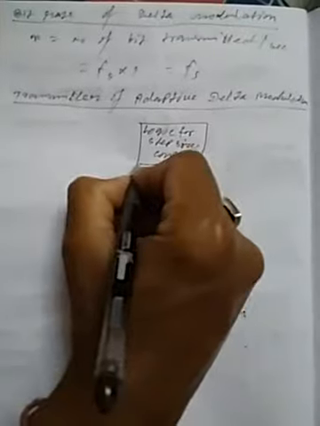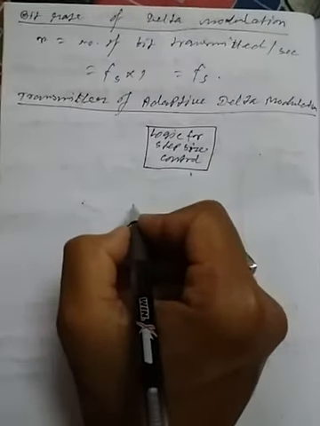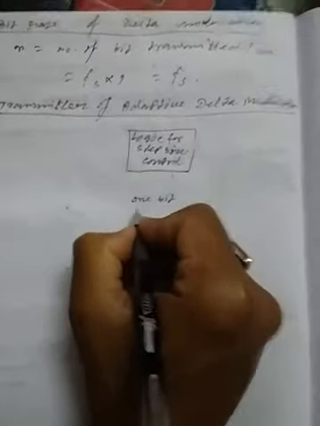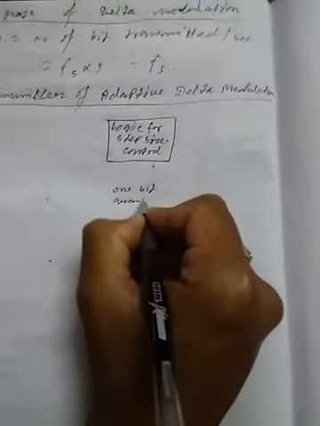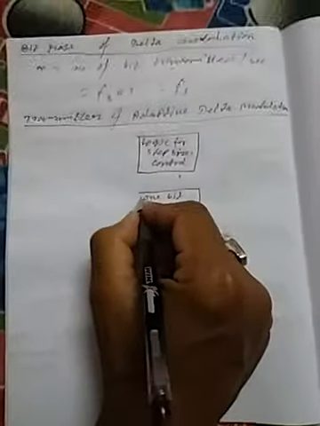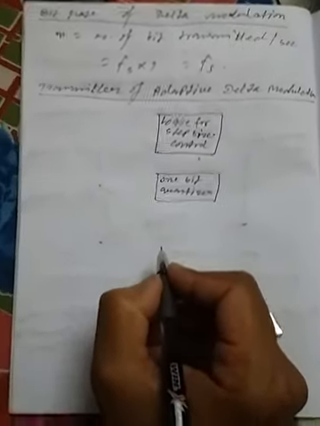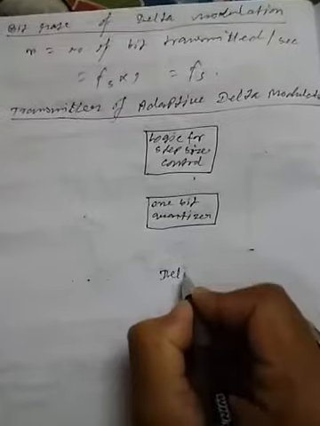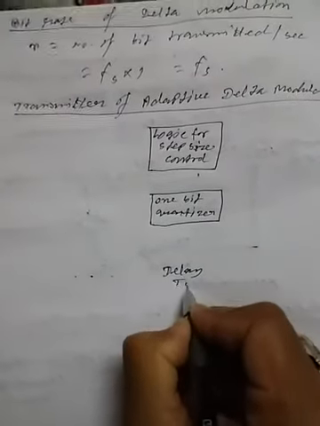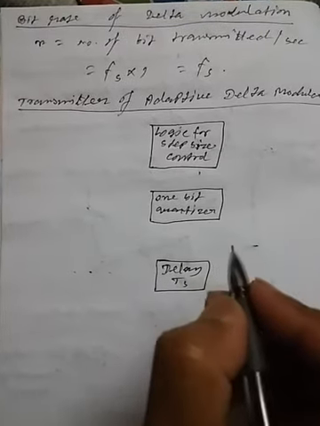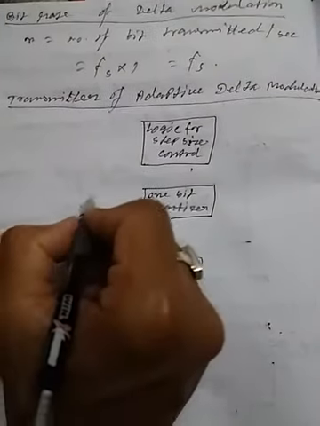So this is one part. Another part is the 1 bit quantizer. Another part is the delay unit. The delay time is TS, one sampling period. Now there are two summers.